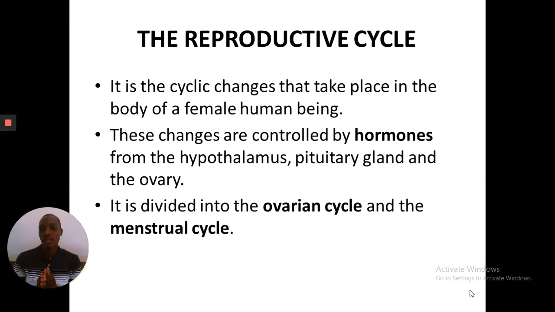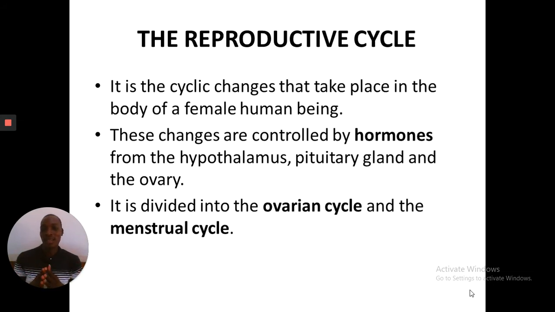So the first thing will be to ask ourselves, what is the reproductive cycle? A simple definition: anywhere you see a cycle, it means something that is repetitive. So these are cyclic changes that usually take place in the body of a female human being, not a male. A male doesn't have a cycle, so to say.